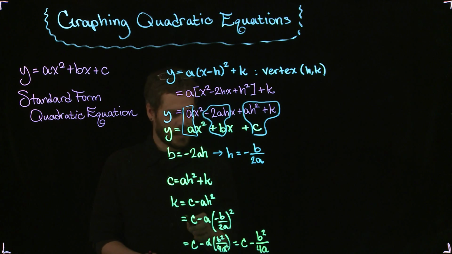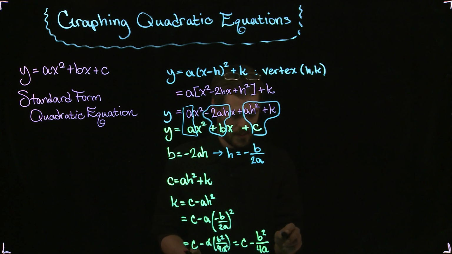Now, you could do this with the k, although that's not usually how we find the y component of the vertex, which is what this is: c minus b squared over 4a, although it certainly is possible.